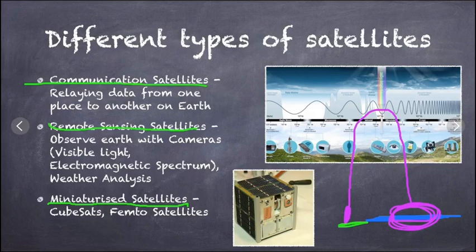There are also many competitions organized for university and high school students, where they create their own experiments which are fitted into these femto satellites or CubeSats. Like you can see right here, this is a CubeSat which is full of many science experiments that can be conducted in near space conditions.